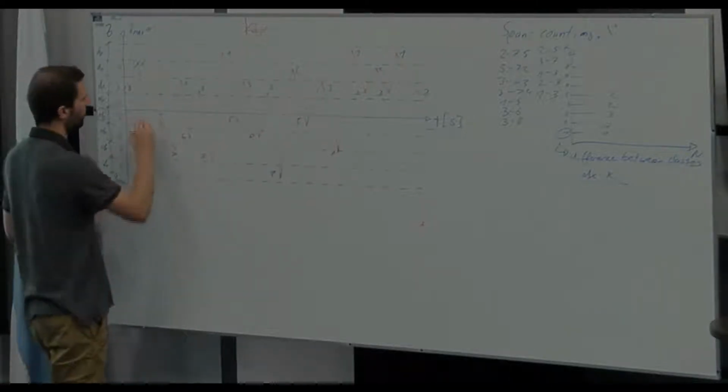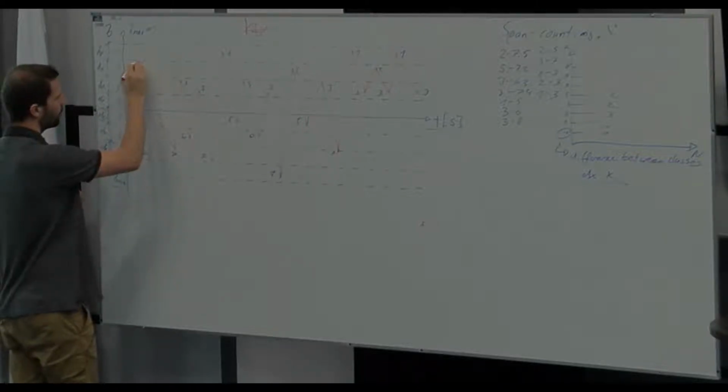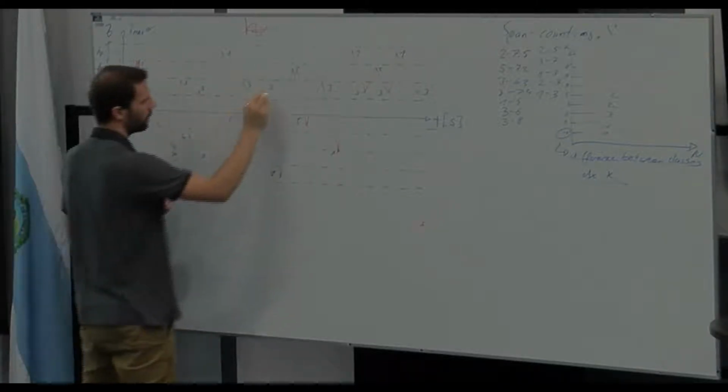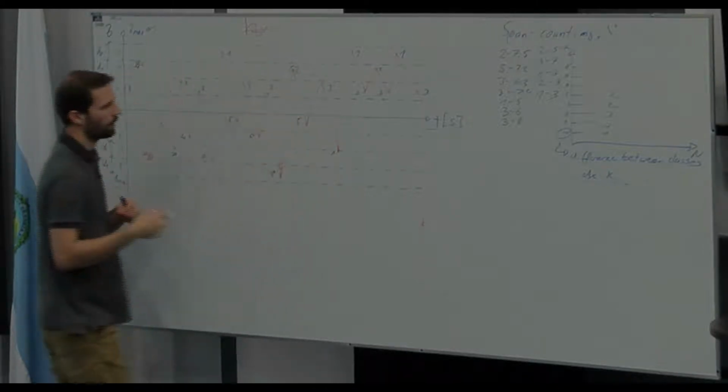So for example, you can combine this span to this span, but at the same time, of course, you lose a lot of information on the damage which is actually acting on the structure, and so the amount of cycles is really poorly assessed.